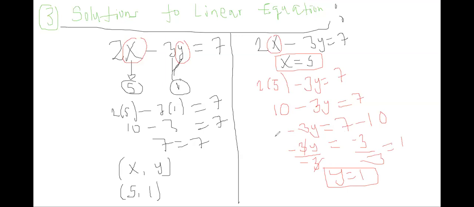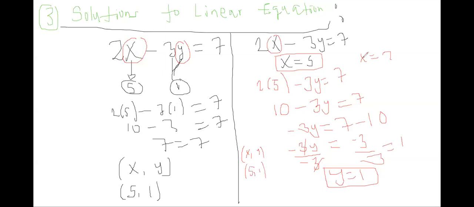But this is not the only solution to this system. Someone can also say, what if x equals 2? Let's look at that. That's why, for a linear equation, you can have many solutions, but the combination must be correct. So for this one, let's write x and y: the combination is 5 and 1.